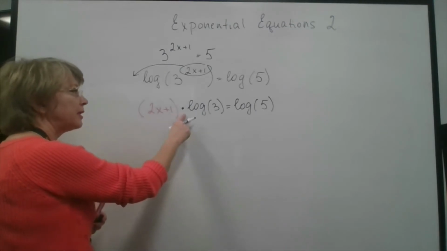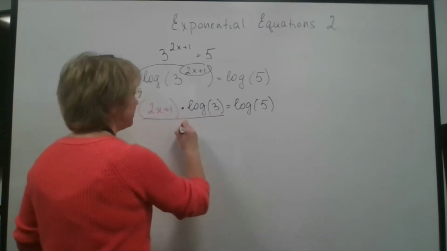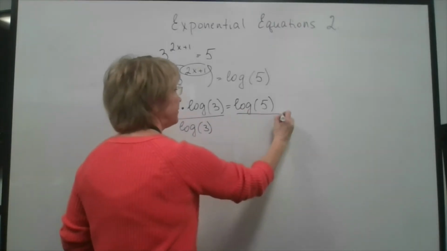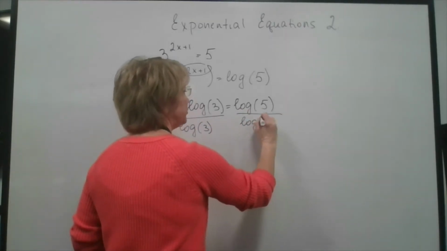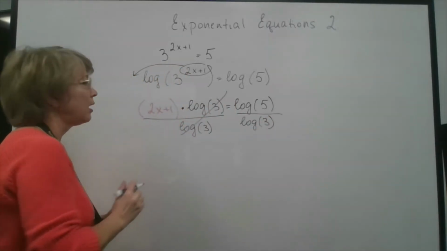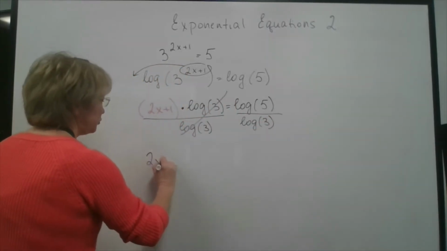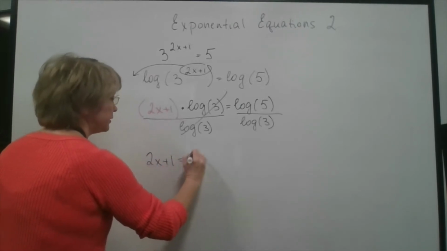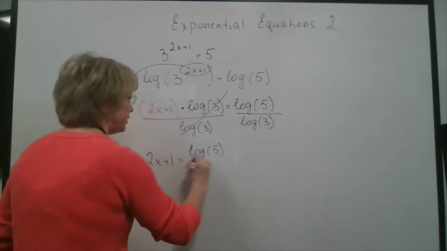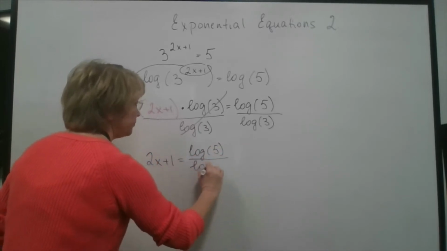Because we have multiplication here, we have to divide by the logarithm of 3. Whatever we do to one side, we have to do the same to the other side. Now we have 2x plus 1 is equal to the logarithm of 5 divided by the logarithm of 3.